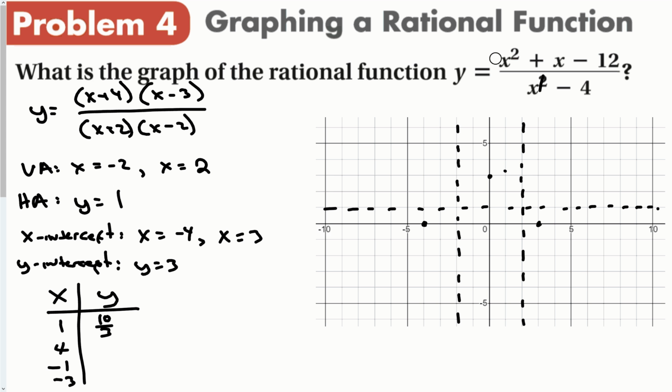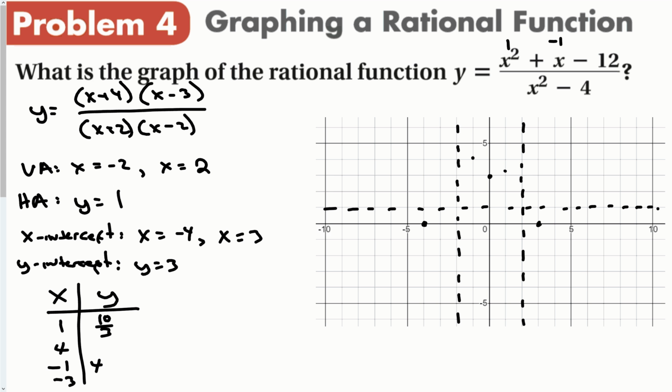So if I plug in negative 1, negative 1 squared is 1, minus 1, so that's negative 12. Negative 1 squared is 1, minus 4, that's negative 3. So my answer here would be 4.